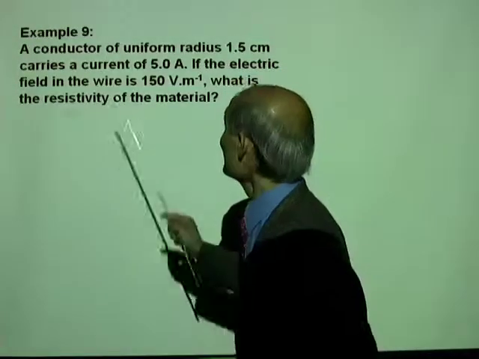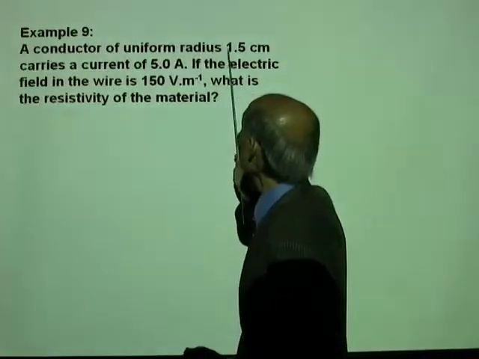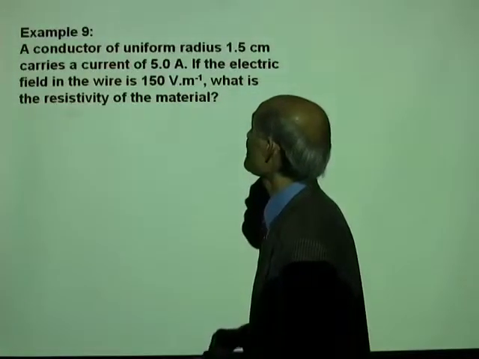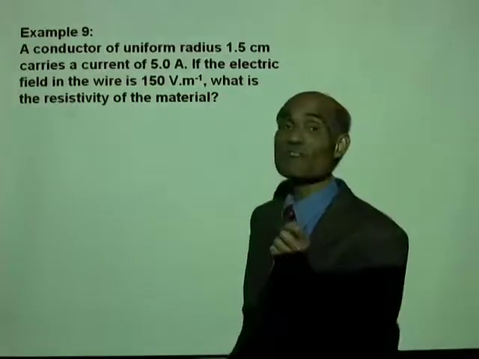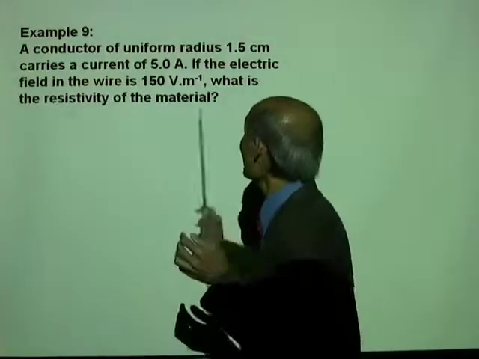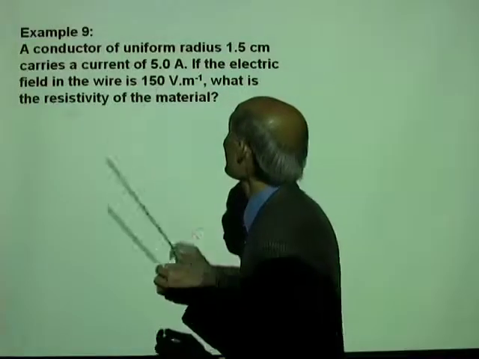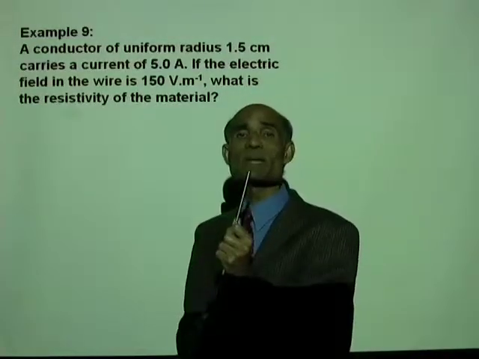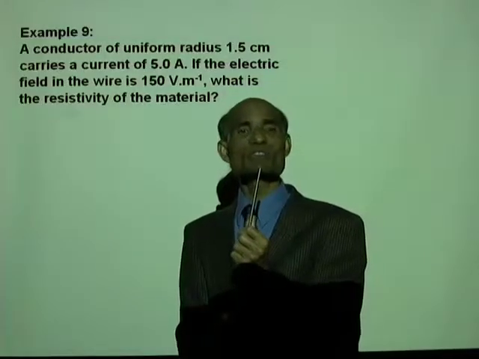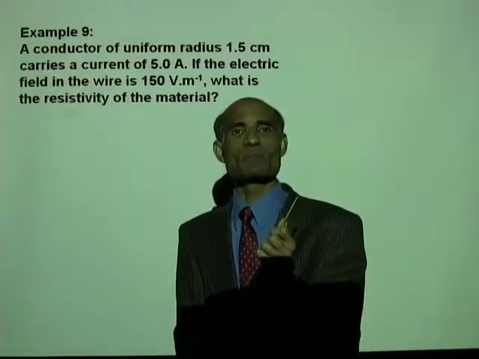So a conductor of uniform radius 1.5 centimeter carries a current of 5 ampere. The electric field in the wire is 150 volt per meter. What is the resistivity of the material?